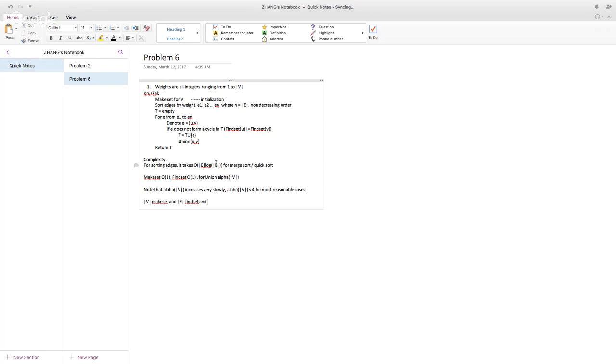And the if condition is true when one edge is added to the spanning tree. Altogether, there are V minus 1 edges in a spanning tree, so there are V minus 1 unions. Let's simply put V here.